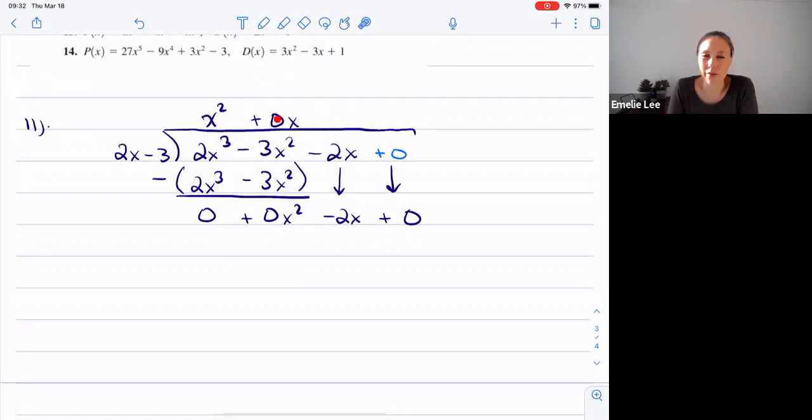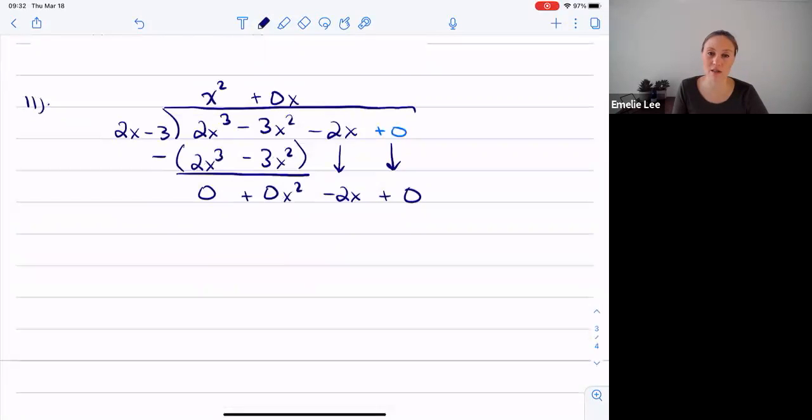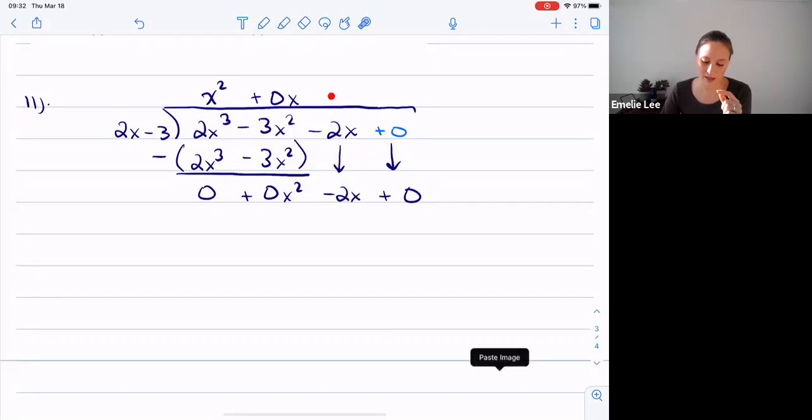But just to follow the same procedure, let's do 0x times 2x minus 3 and just show that nothing happens here. You can skip the 0x, but then just make sure that when you go for this term, you write it up here. So you kind of have 0 in here just to visualize it, but it doesn't actually do anything. You can skip it.